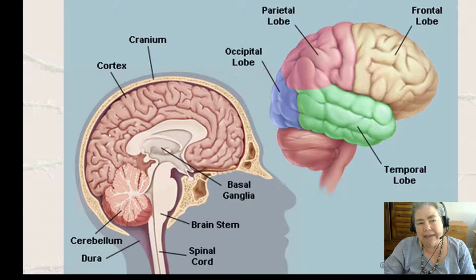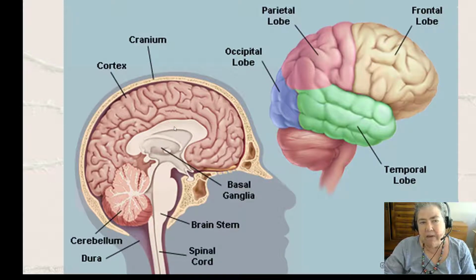There is a structure called the corpus callosum that surrounds the ventricles, the structures that contain cerebrospinal fluid, and through which messages pass from the left hemisphere to the right hemisphere and vice versa.